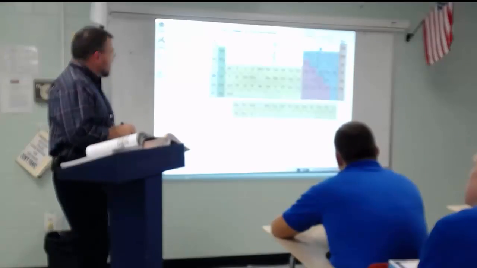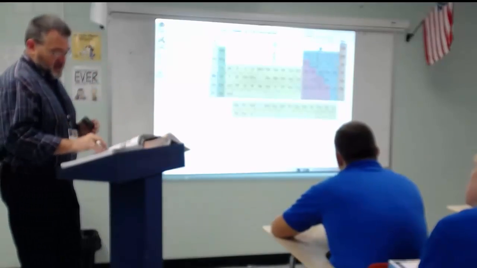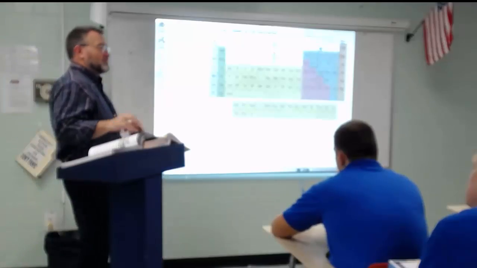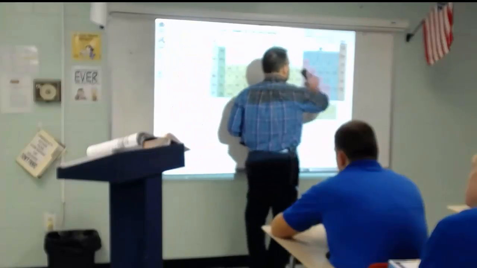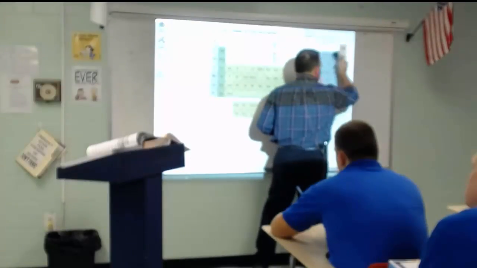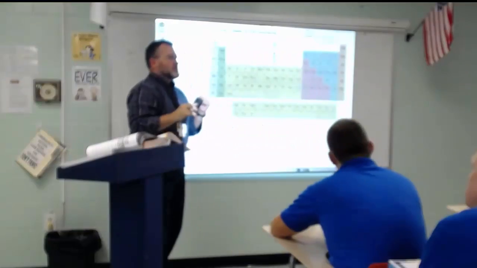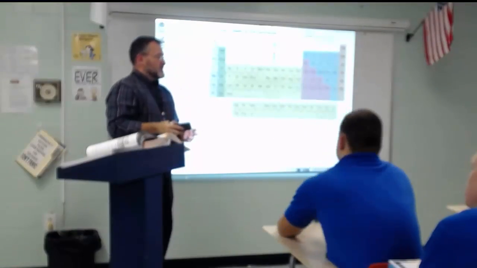Question 5 asks, what is the octet rule? And give 2 exceptions. We just said it. What is the octet rule? The octet rule, the ideal configuration. Okay, and what is that ideal configuration? 8 valence electrons with 4 exceptions.